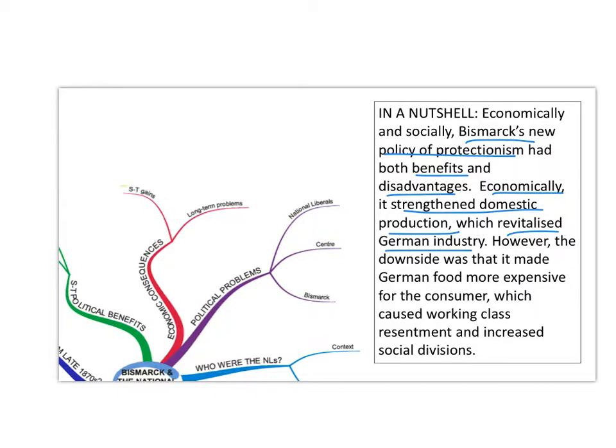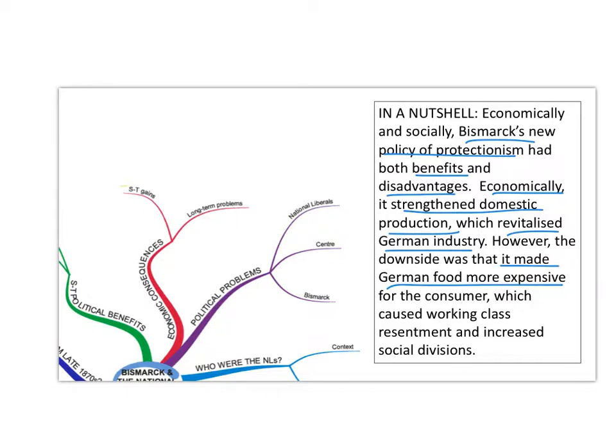There was, however, a downside. It made German food more expensive for the consumer. Why? Because previously, cheap grain from America and Russia was able to get into the German markets. Now it can't, okay, because tariffs have been put up to protect German farmers. So basically that means German food is more expensive than it was in the early 1870s.